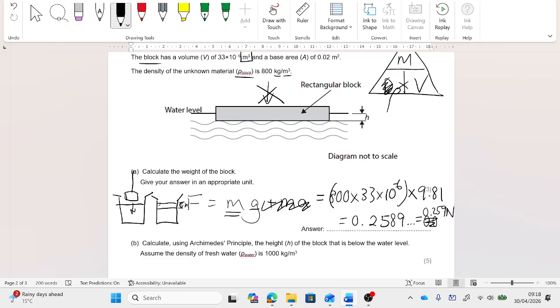And this volume that it displaces equals the weight of the body that you submerge in it. So if you can work out the volume of this displacement, you can also work out the weight or the density of this mass.